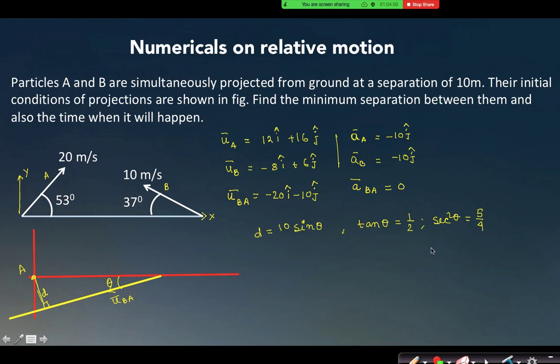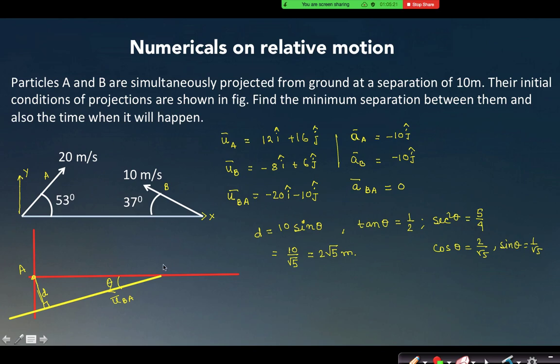So what is cos theta? Cos theta is 2 by root 5 and sin theta is equal to 1 by root 5. So the answer should be 10 by root 5. You can say it is 5 into 2, so 2 root 5. That should be the answer of this question.